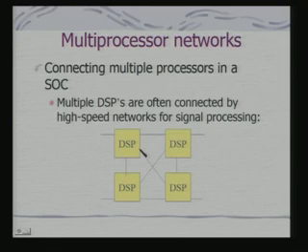So, here what we have shown is direct connectivity. In fact, there are 4 DSPs and each DSP is connected to 3 others. So, they can carry out, if required, parallel communication with 3 other DSPs.